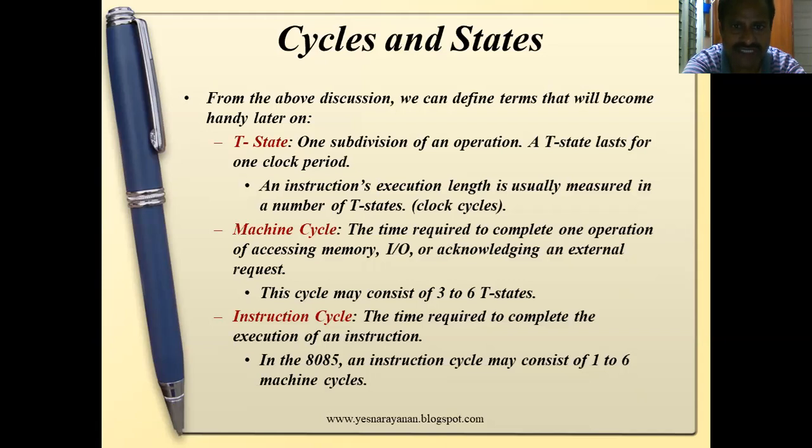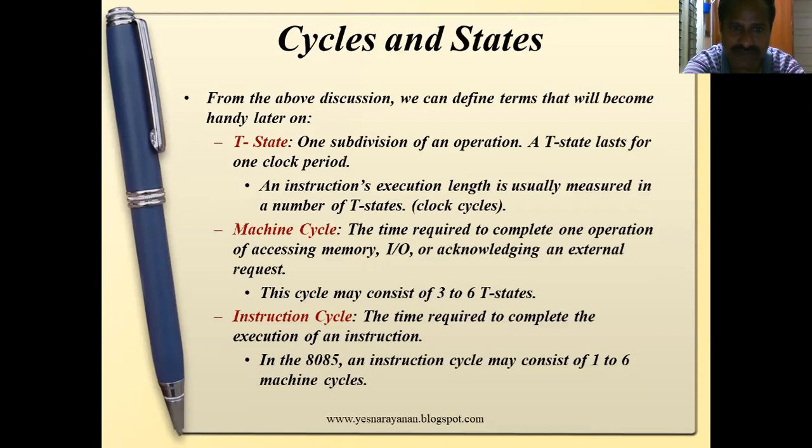An instruction execution length is usually measured in a number of T-states or clock cycles. Machine cycle: the time required to complete one operation of accessing memory, I/O, or acknowledging an external request. This cycle may consist of 3 to 6 T-states.